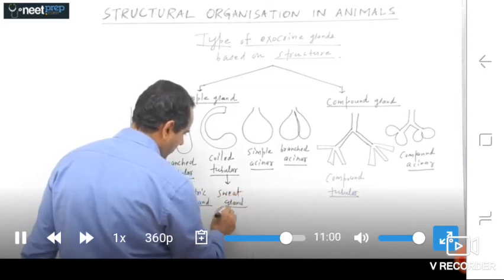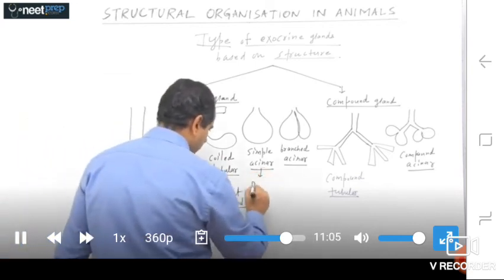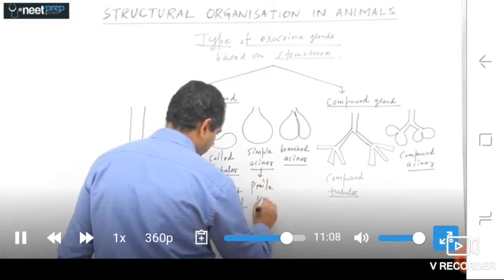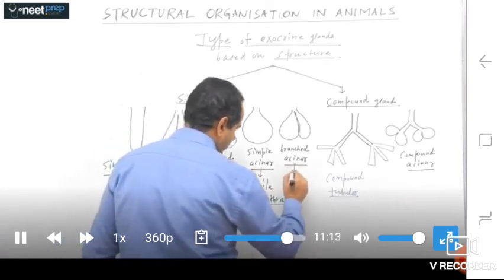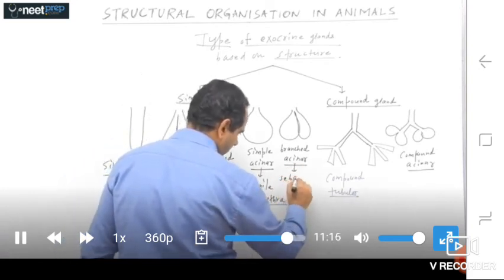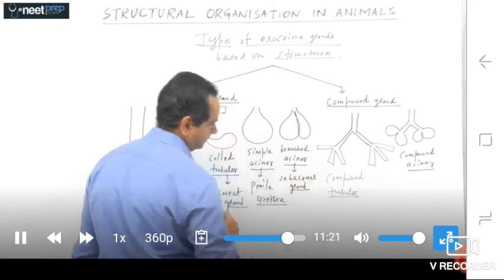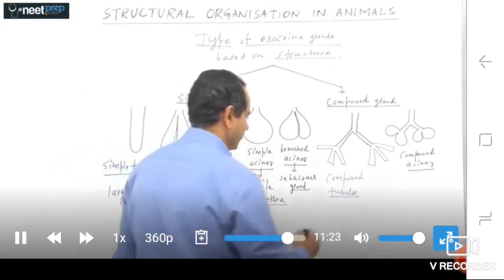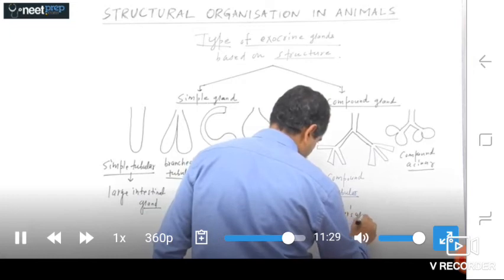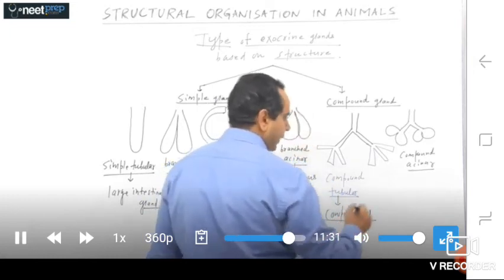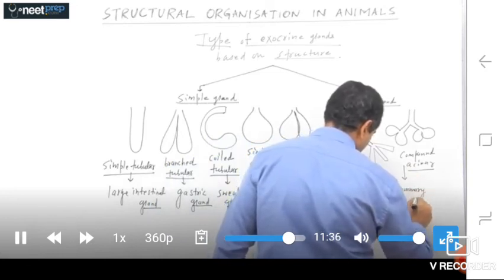Sweat gland is an example of coiled tubular. Simple acinar is present in the part of penile urethra, urethral glands. Branched acinar is the example present in sebaceous gland. Compound tubular is present in male Cowper's gland, and compound acinar is present in mammary gland.